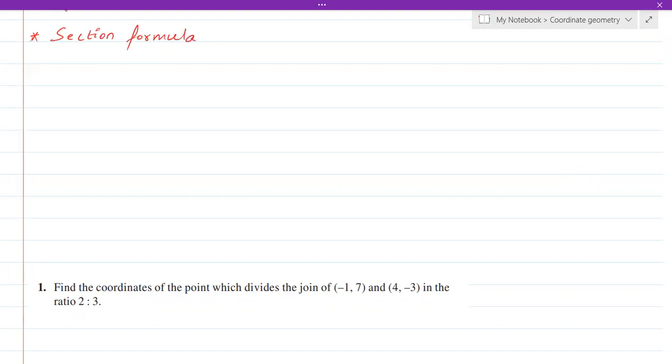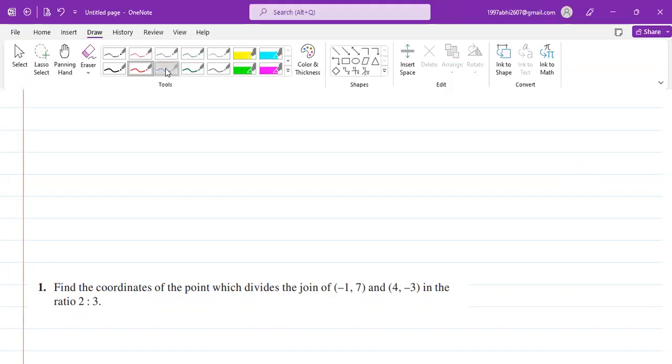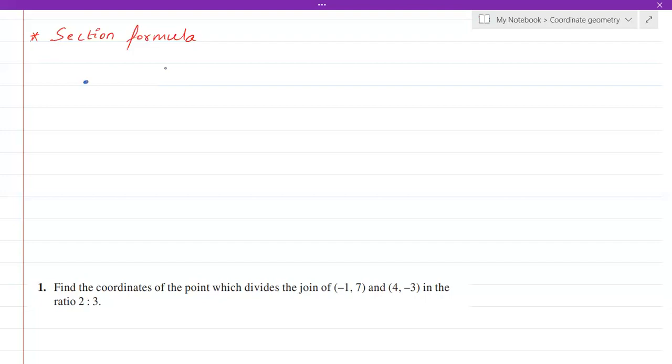Suppose we have two points. Let's say there is a point A whose coordinate is (x1, y1), and another point B whose coordinate is (x2, y2).